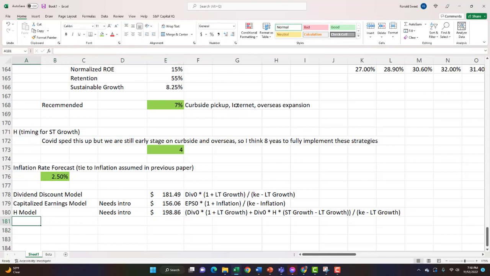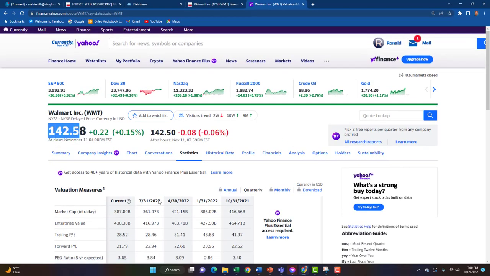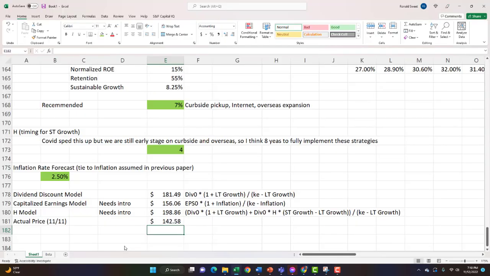Then what you need is the actual price, and you might get the date for that. So we're going to do 11/11, which is the date I'm doing this on. I'm going to go get the actual price for Walmart, and Walmart is currently trading for $142.58. And so I would put a buy recommendation. Why? Well, you can look at the average of your 3 valuations.